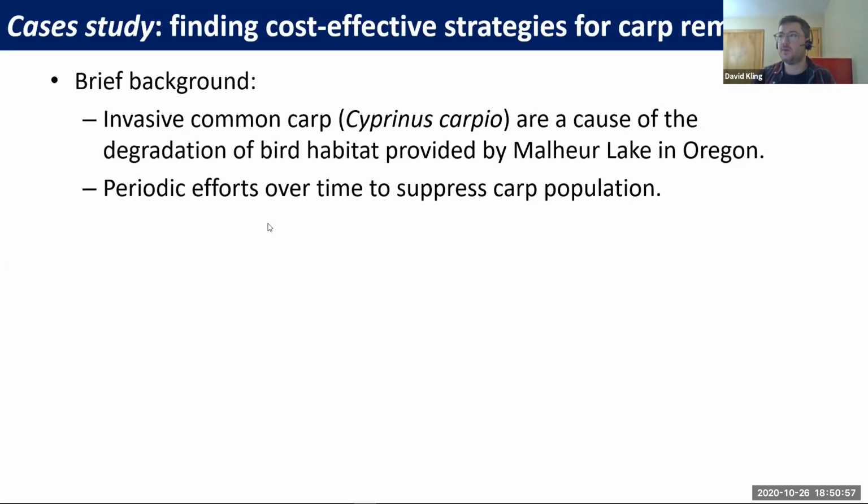an application. So a project that's in process, no papers I can point to yet, is invasive common carp in a very sad case ultimately of Malheur Lake in Oregon.